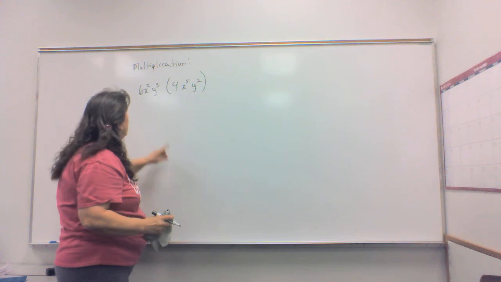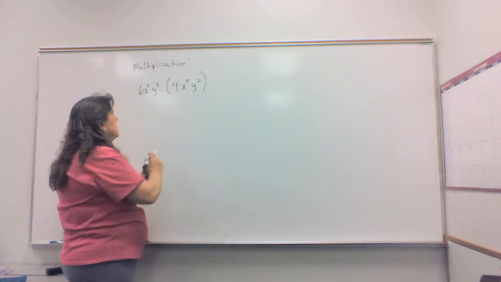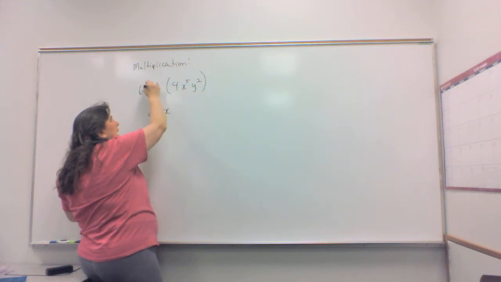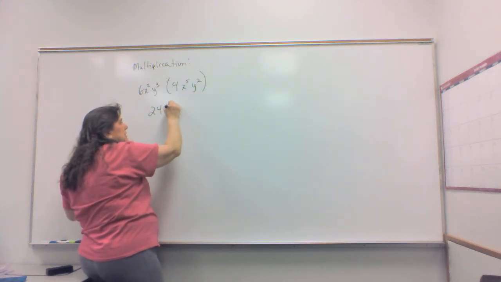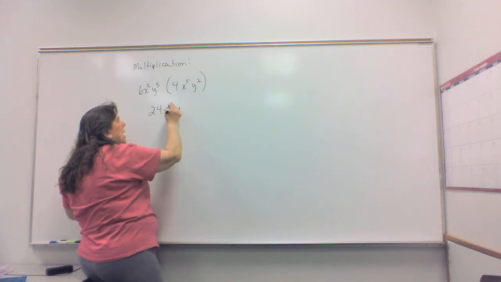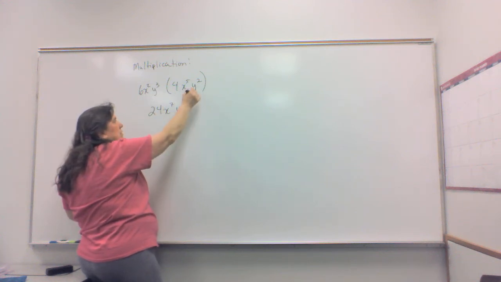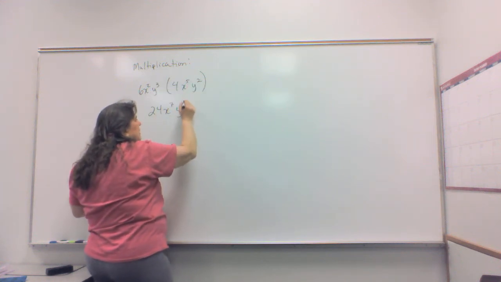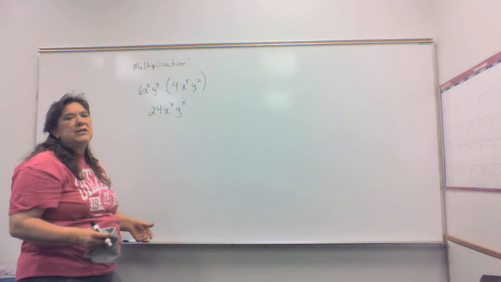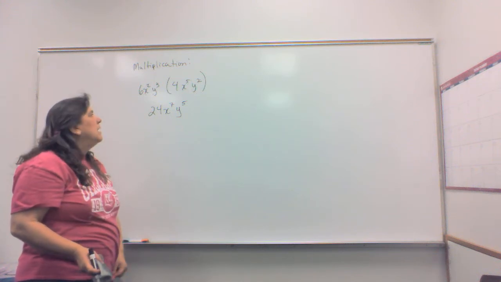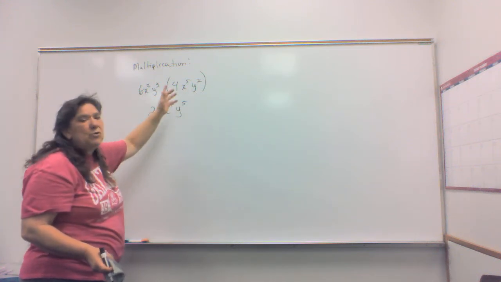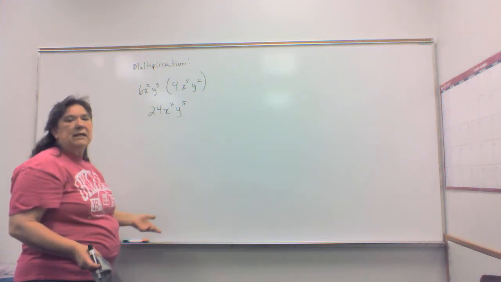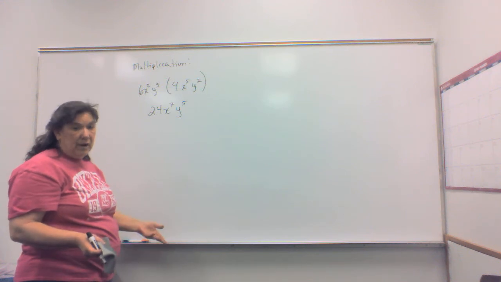Look, 6 times 4 is 24. X, same base. Add my exponents, so 2 plus 5 is 7. Y times y, same base, and 3 plus 2 is 5. So you can see your multiplication of a monomial times a monomial is exactly the same thing as when we did our basic power rules, our product rule.